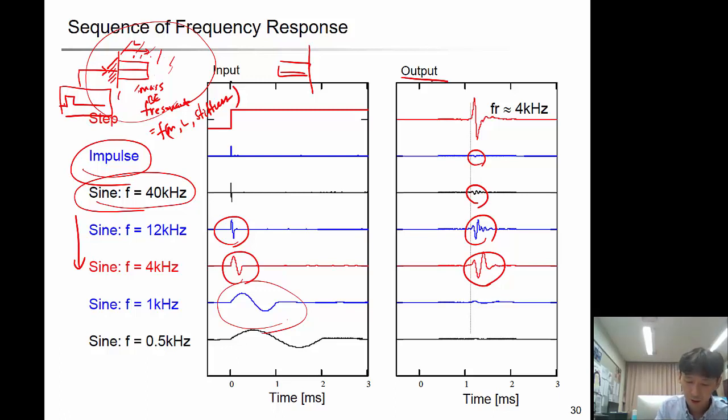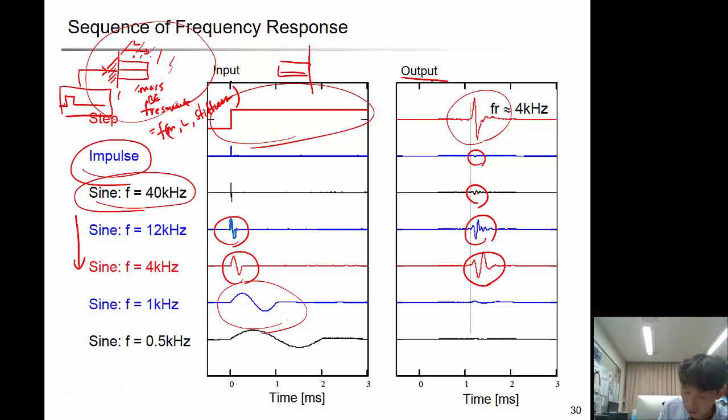So instead of that, just use a step signal that contains both the high frequency and the low frequency, everything. Then it will provide enough energy for the excitation, and your output signal will be very clear too. As you can see also, the signals are very dispersive.